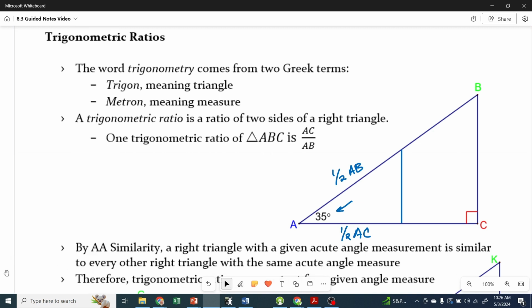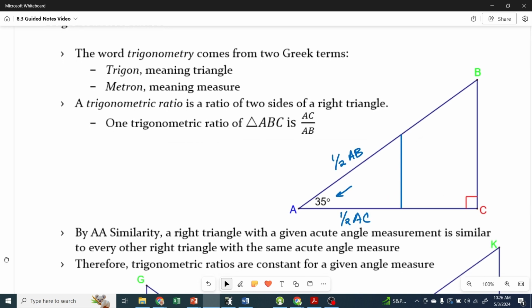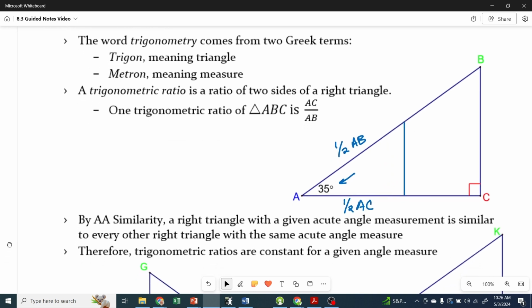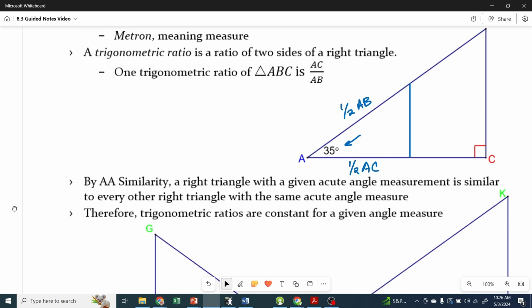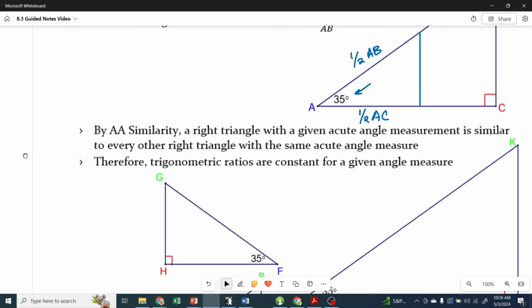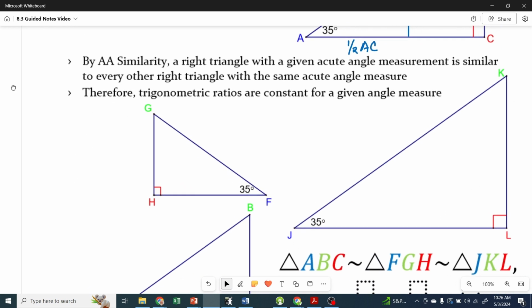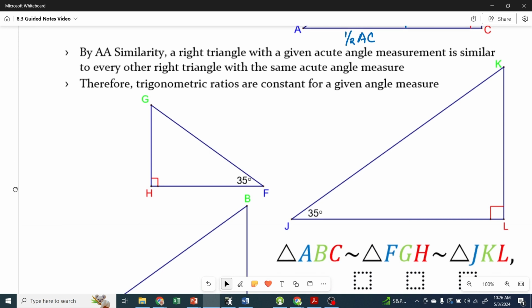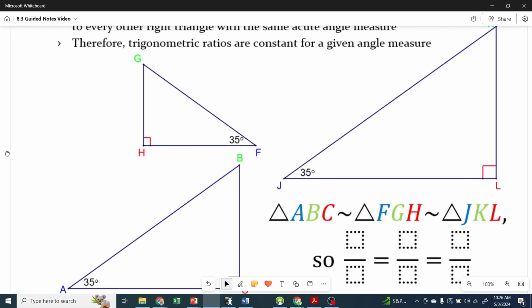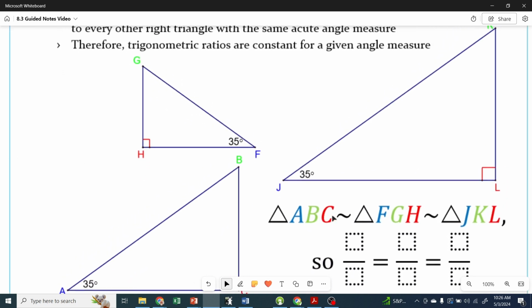So by angle similarity, which is a geometry concept, a right triangle with a given acute angle measurement is similar to every other right triangle. Therefore, trig ratios are constant for any angle measurement. So triangle ABC is similar to triangle FGH, is similar to triangle JKL.